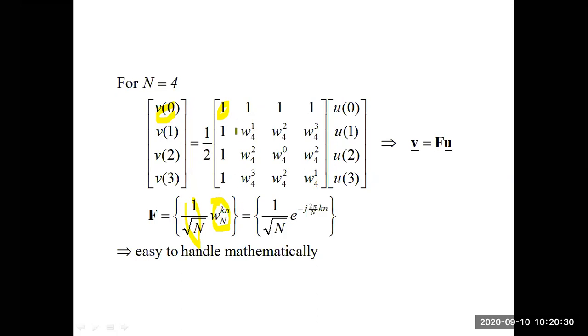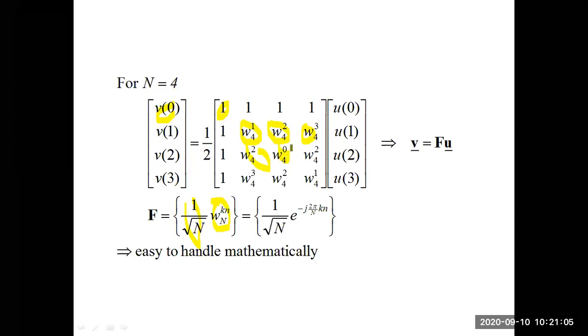Similarly, what is the next component? Capital N is 4. Here the n value is 1 and the k value is also 1, so 1 into 1 gives W. Here the n value is 2 and the k value is 1, so we get W squared. Here the k value is 1 and the n value is 3, so we get W cubed. Like this we get the remaining values also.